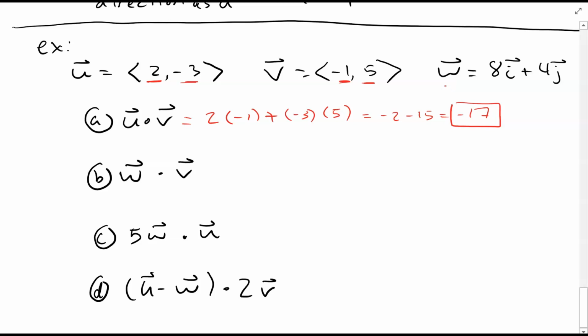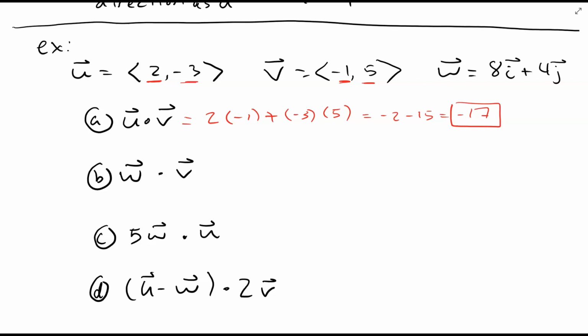So I get negative 17. Is everybody okay there? That should be pretty easy, right? Just a little bit of computation. Nothing tricky going on there. All you really had to remember was your dot product formula, right?